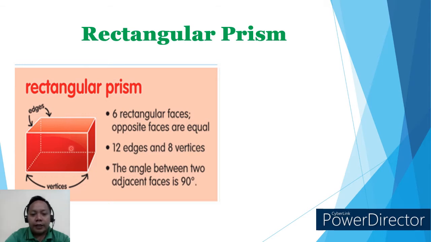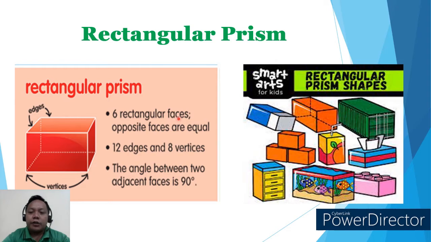Equal po ang kanilang faces dun sa opposite side nito. Okay? So, parehas ng cube, we have 12 edges and 8 vertices. The angle between two adjacent faces is also 90 degrees. Okay? So, here we have the example of our rectangular prism. The real-life example, we have our eraser, the aquarium, the cabinet, okay, and many others.